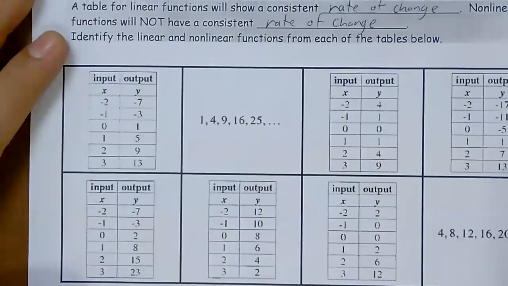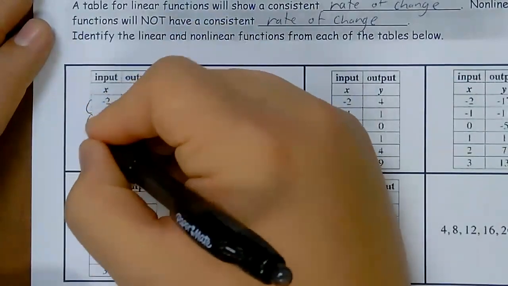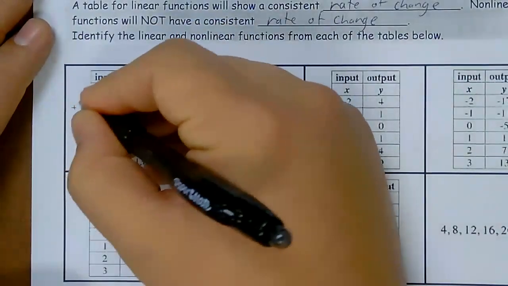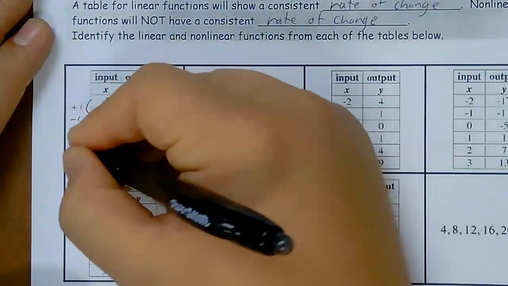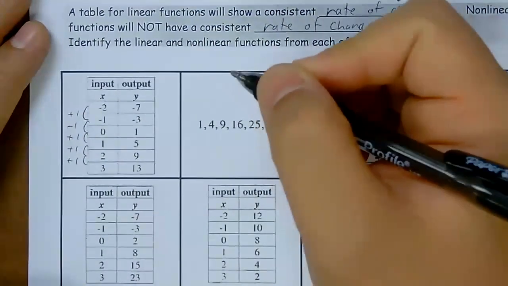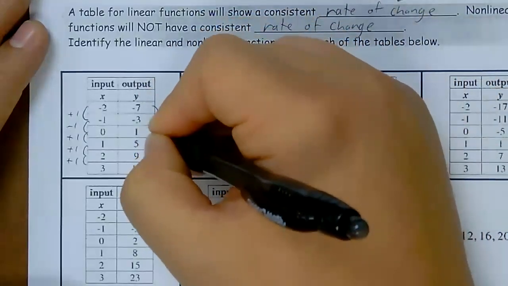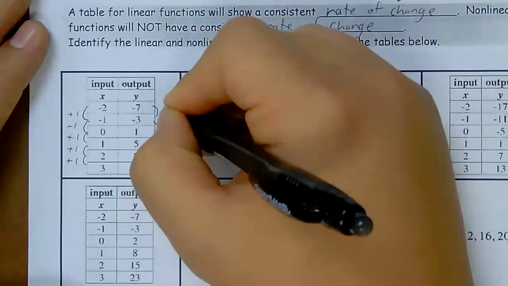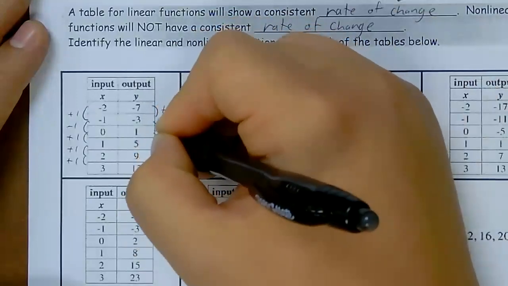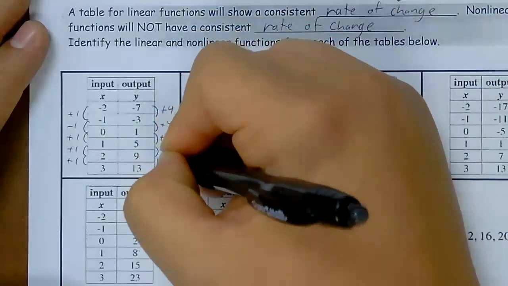Let's take a look at this first one, for example. All right. So our x values keep going up by 1, right? Plus 1, plus 1, plus 1, plus 1, plus 1. So our x values are changing at a constant rate. Let's see what our y values are. Plus 4, plus 4, plus 4, plus 4, plus 4.